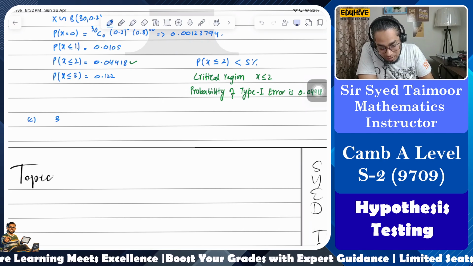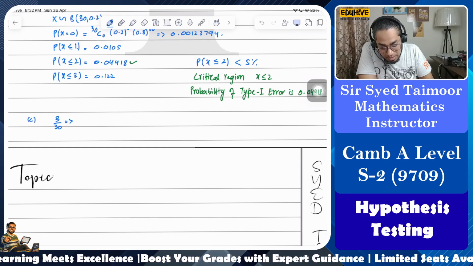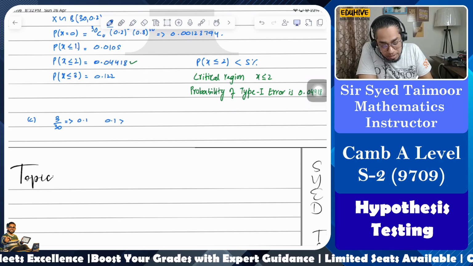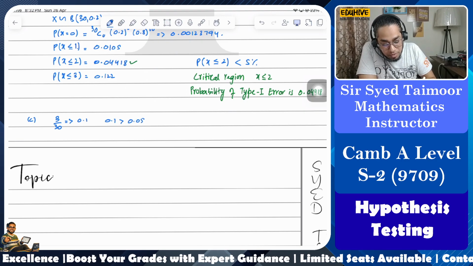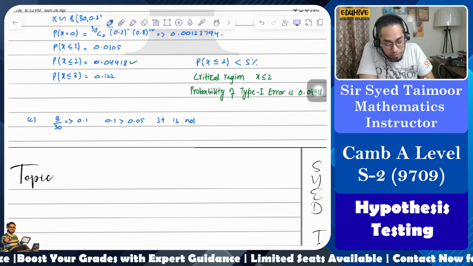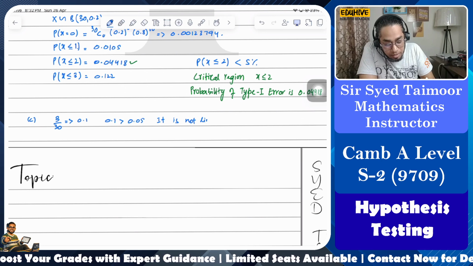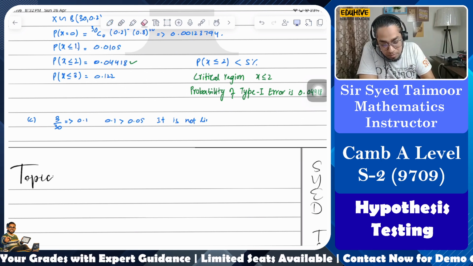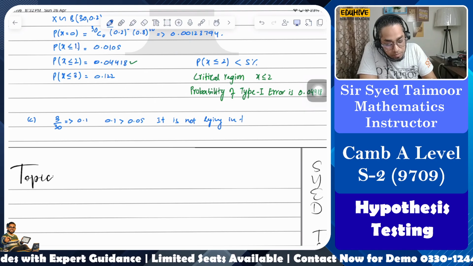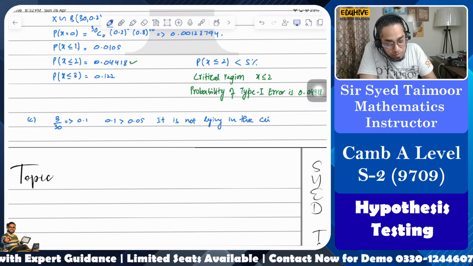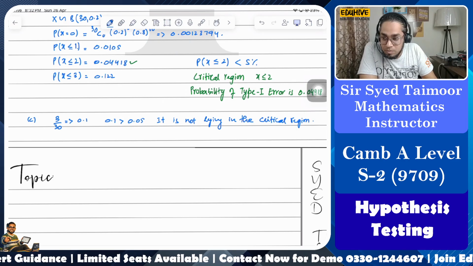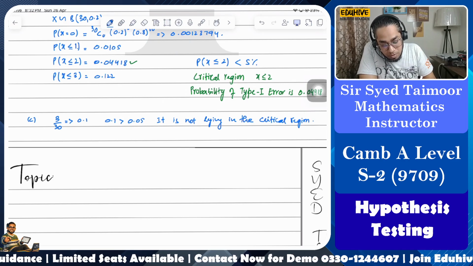Yes. 3 by 30 is exactly 0.1, and 0.1 is greater than 0.05, so it is not lying in the critical region. Okay, so what is the conclusion?